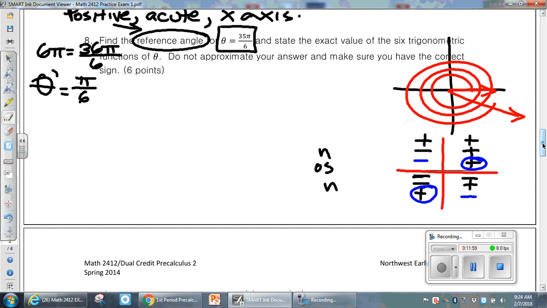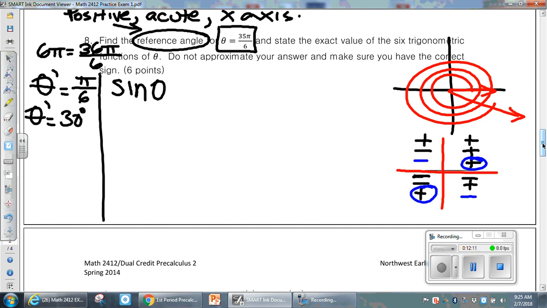And by the way, pi over 6 is equivalent to 30 degrees, right? So then for this angle, the 35 pi over 6, we're going to find all 6 trigonometric functions. That's what it says here, exact value.